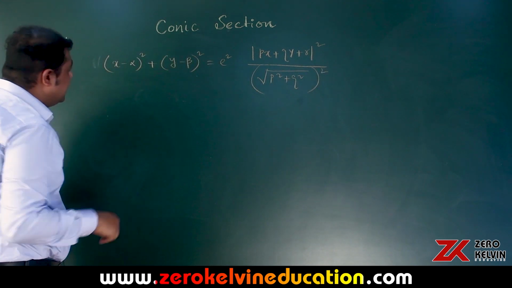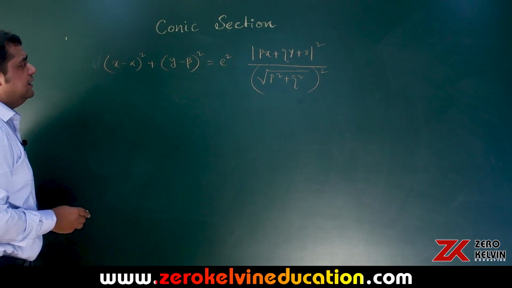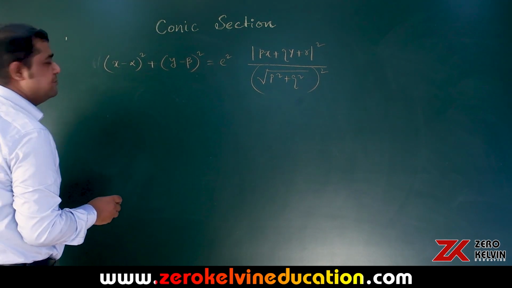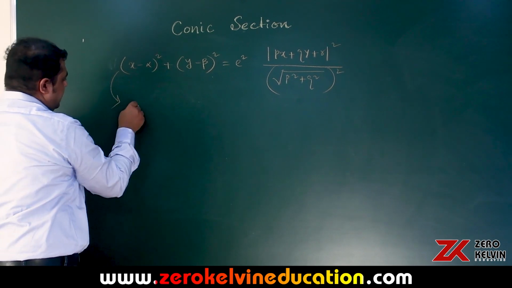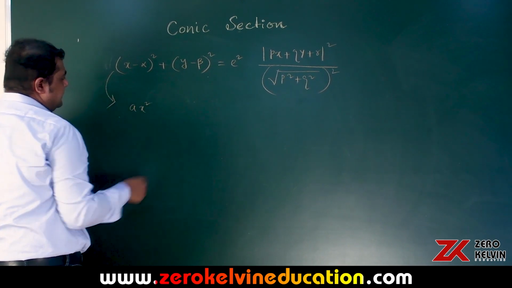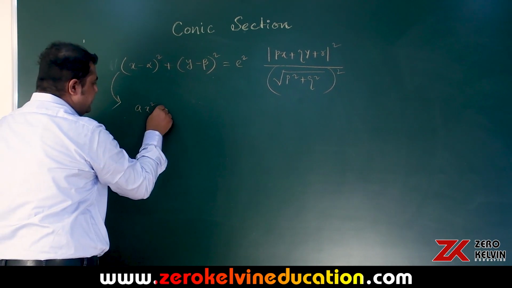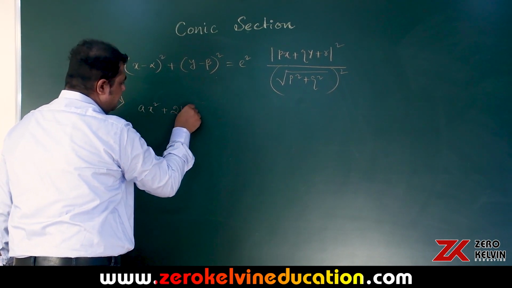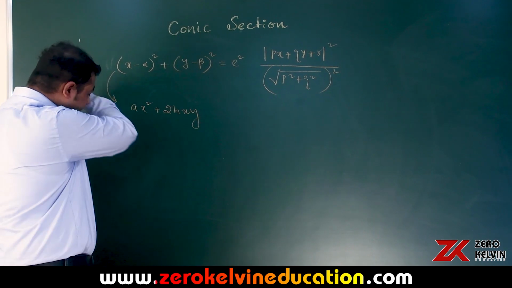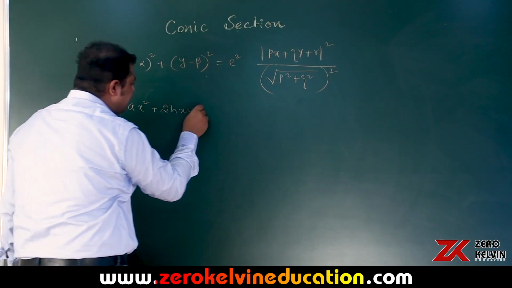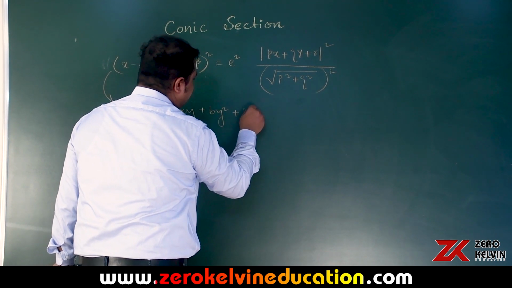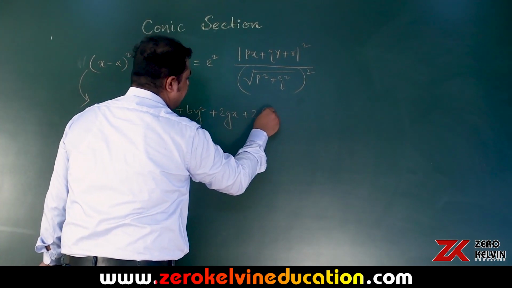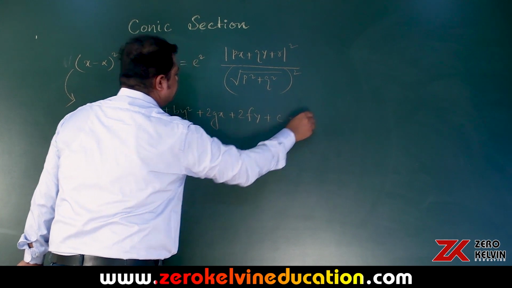Now, if we cross multiply this to generate a two variable quadratic from this standard representation, we will get a two variable quadratic standard representation, which can be marked as ax square plus 2hxy plus by square plus 2gx plus 2fy plus c is equal to 0.